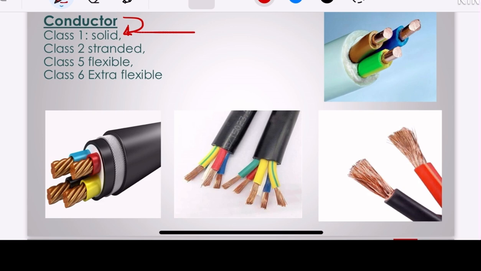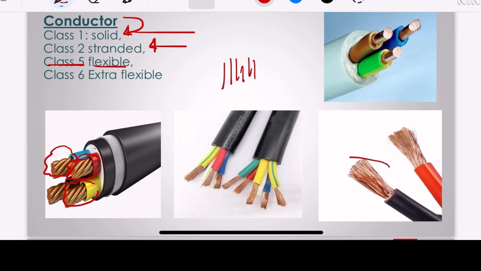Suppose the cable has stranded conductors. Here you see it is twisted and stranded. If that is the conductor arrangement in the cable, then that cable is called a class 2 cable. And suppose we have a stranded cable but the conductors are very fine, then that conductor is called a flexible class 5 cable.